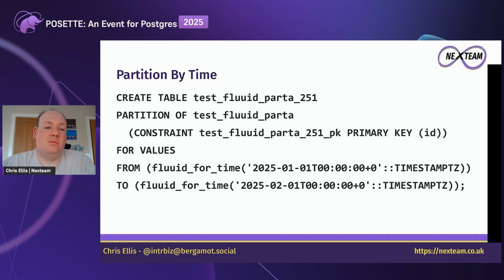This is where a helper function to build those IDs from a timestamp makes it a lot easier to understand what's going on. We can create a partition for each month, quarter, or year, whatever makes sense to your data scenario, and partition based on that ID by saying it's greater than this value and less than this value.